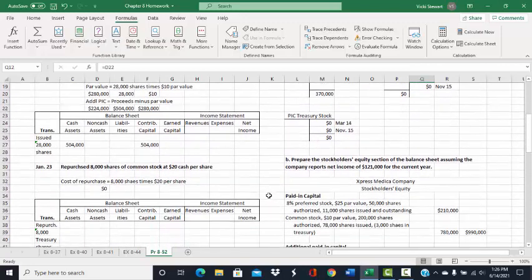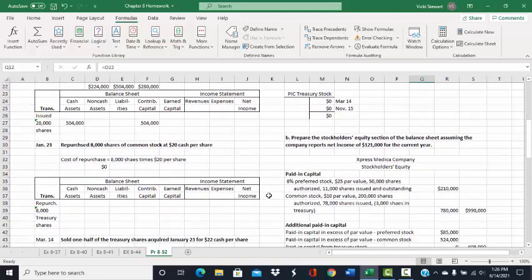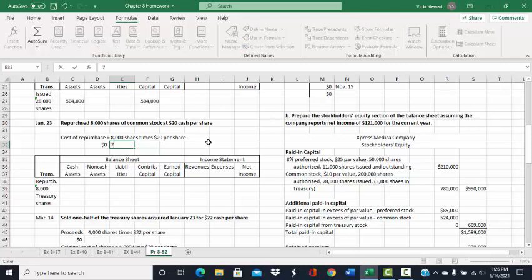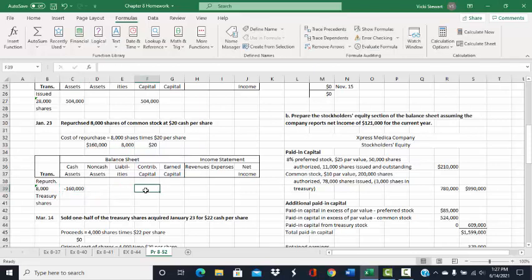On January 23rd, we repurchased 8,000 shares of common stock at $20 cash per share. So we need to determine the cost of the repurchase. So 8,000 shares at $20 per share is $160,000. So cash would decrease by $160,000 and contributed capital would decrease by the same amount.